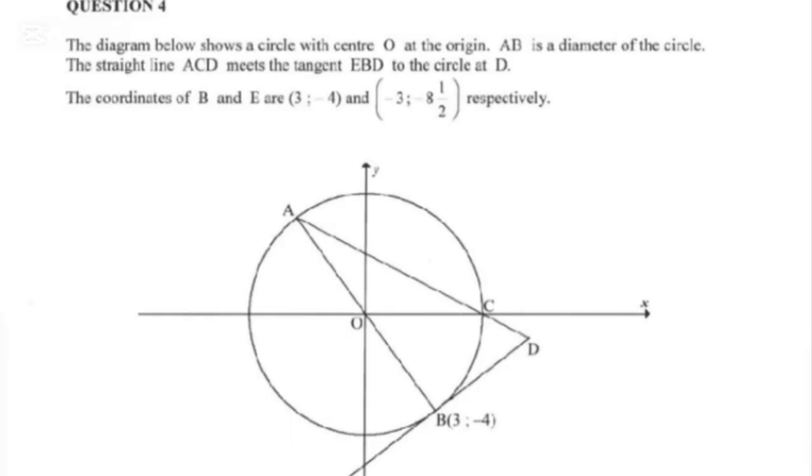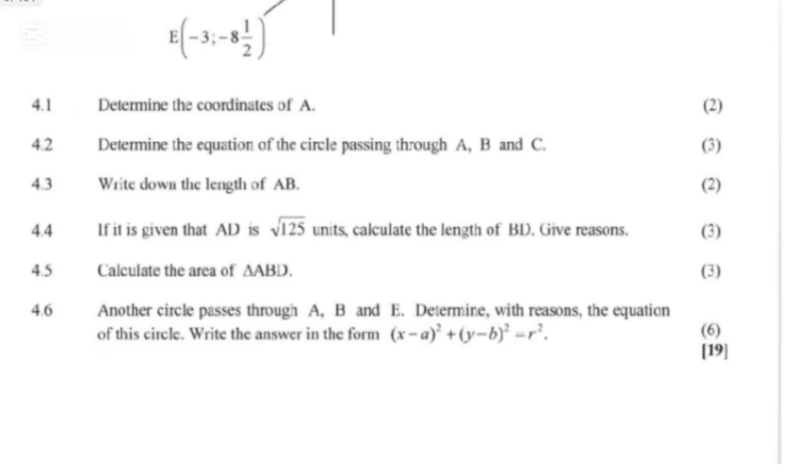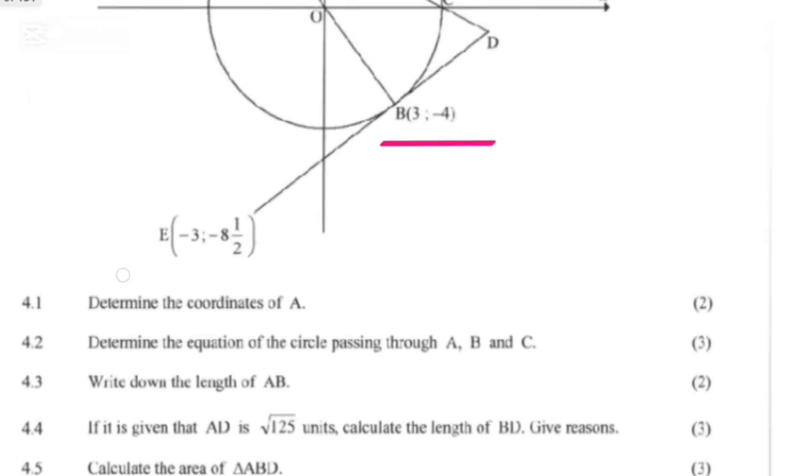The straight line ACD meets the tangent EBD to the circle at D. The coordinates of B and E are 3 and 4, and E is over there, respectively. Determine the coordinate of A. What's special about A?